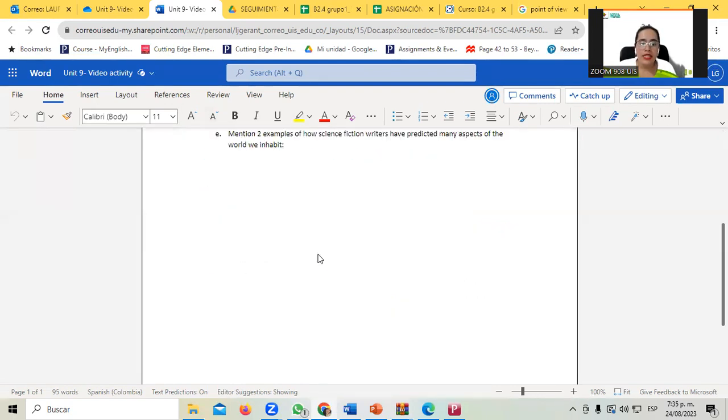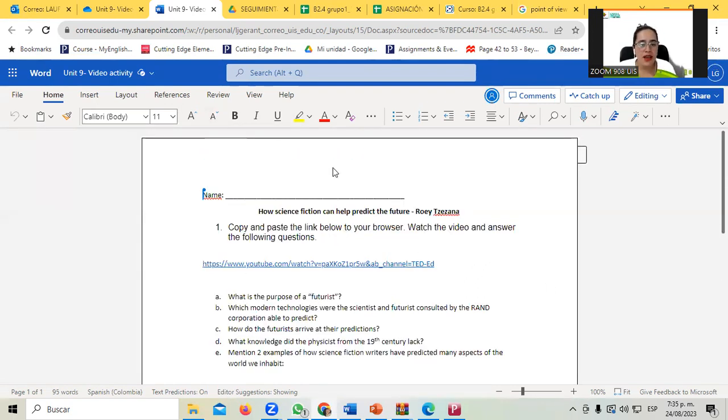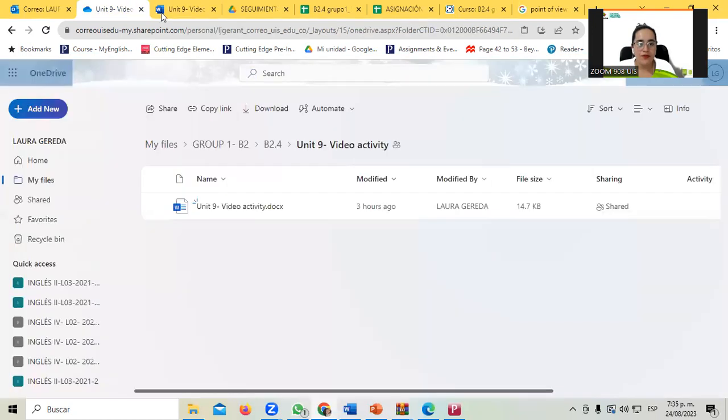Remember, because we don't have enough time to do it in class, this will be done individually. Originally, it was to be made in groups, but as you're going to work on it over the weekend, it's better to do it individually. Download the document, complete it, and upload it again, including your names in the name of the document, as we usually do.